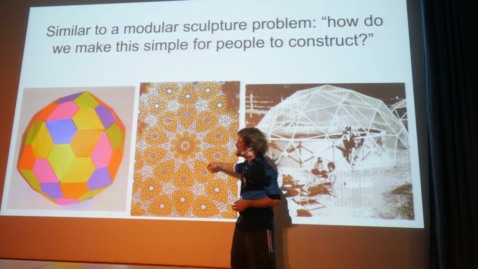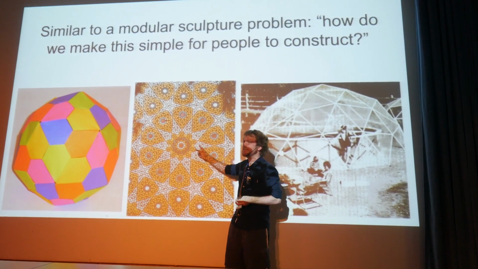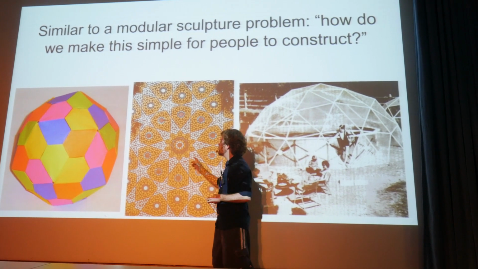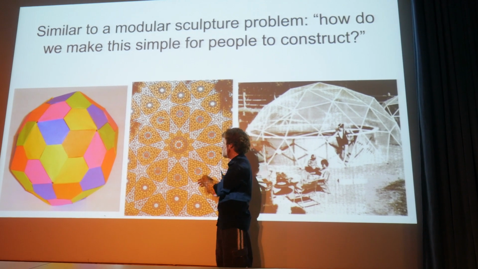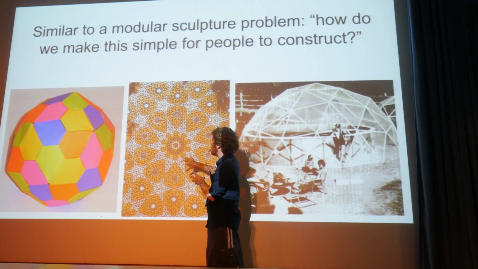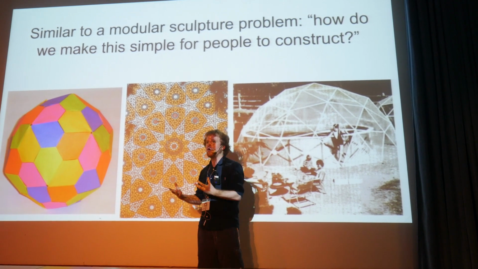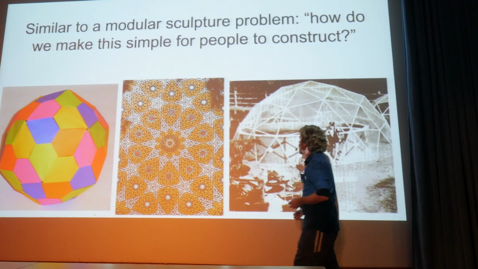Does anybody know what kind of pattern this is? It's a girih tiling, a very cool Islamic art thing, and you have lots of little pieces that fit together, and you're able to generate, without a whole lot of expertise, very beautiful things.